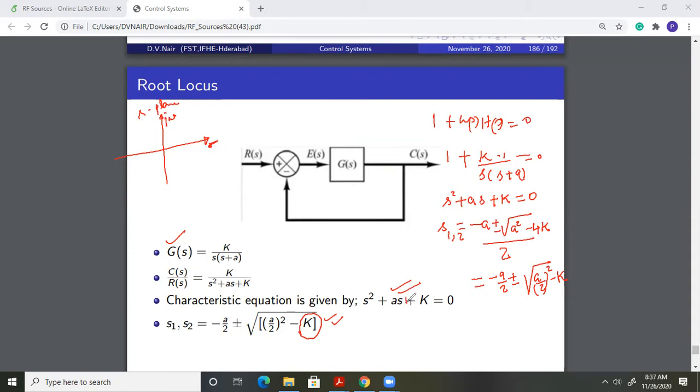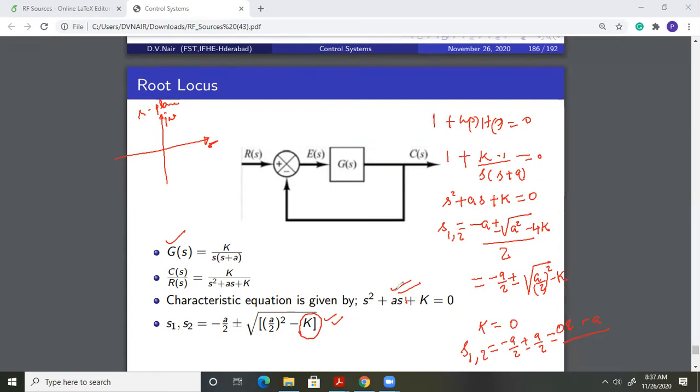In the beginning, let me write here somewhere, not getting space here, k equal to 0. Starting with k equal to 0, the two roots s1 and s2, what will they be? Yes, it will be minus a by 2 plus minus a by 2. Then in that case, for plus, it will be 0, and for minus, it will be minus a.